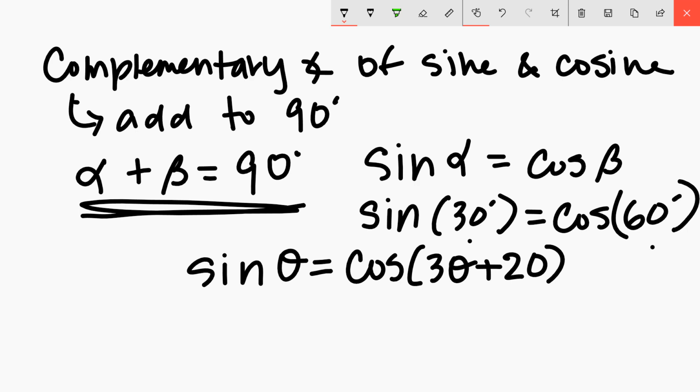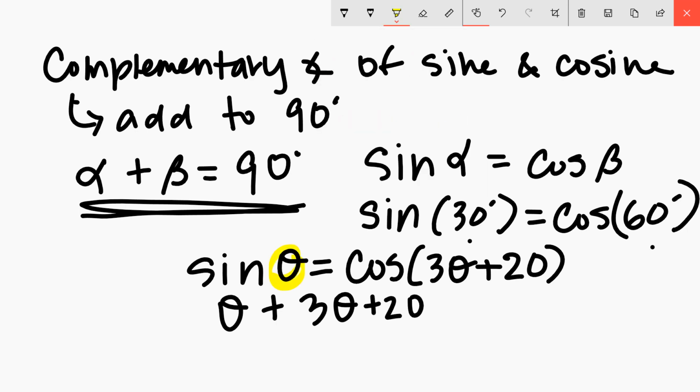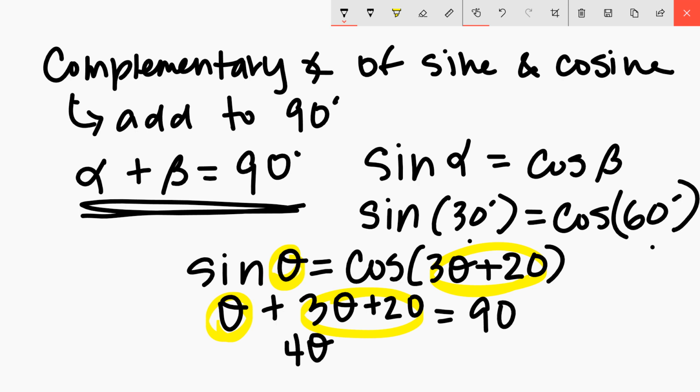All this means is that I need theta plus 3 theta plus 20, and it's coming from here and here, equals 90. Combine my like terms, I've got 4 theta plus 20 equals 90.